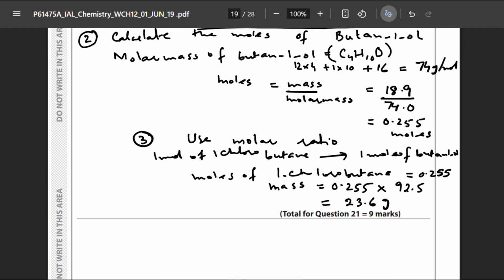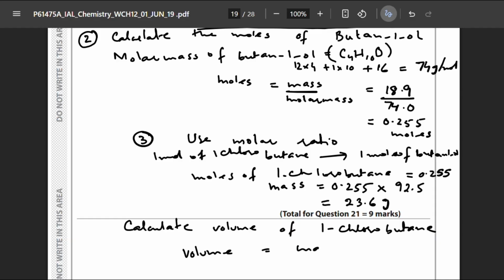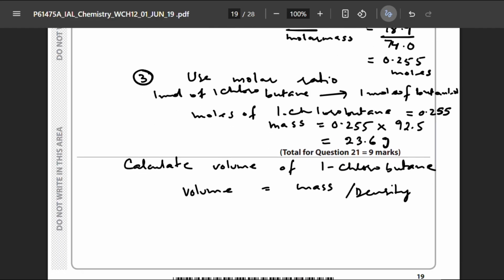And in the question, they have also given us the density of 1-chlorobutane. So we have the mass, we have this density, so we can easily find the volume. So how can we calculate the volume of 1-chlorobutane?